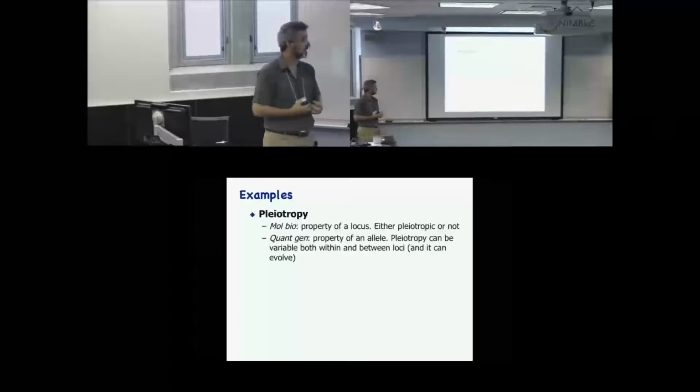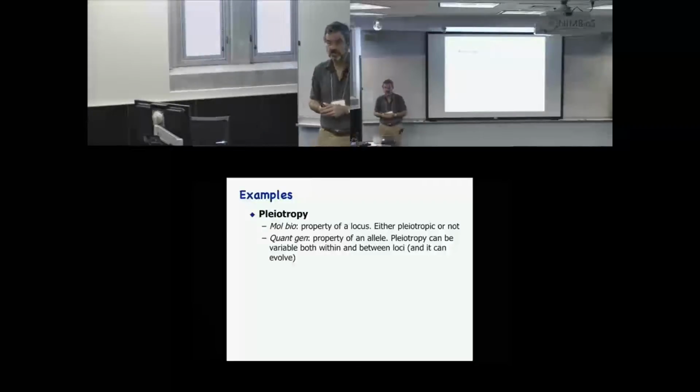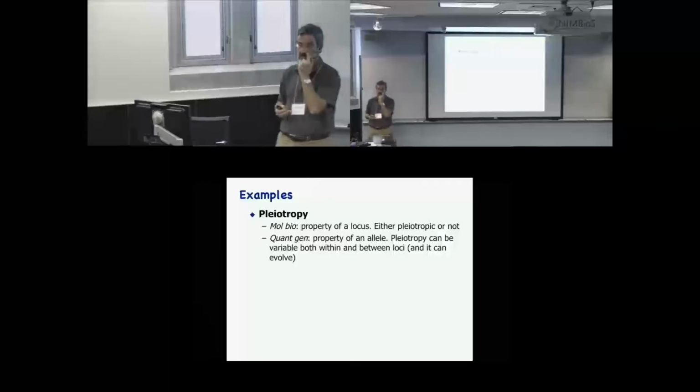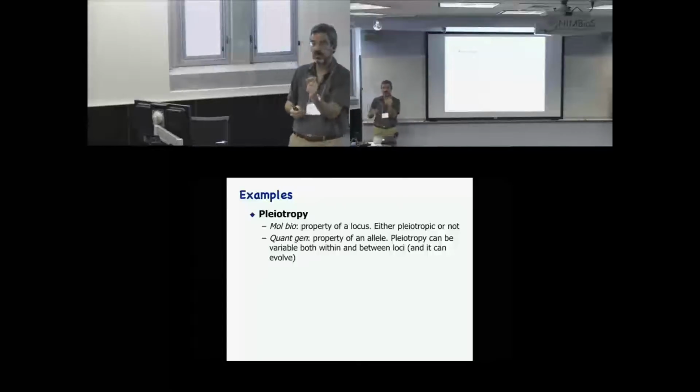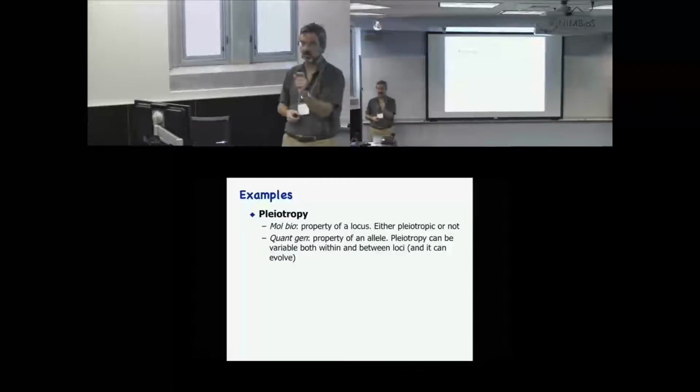So one example, I think the most important example, is actually pleiotropy. In molecular biology, pleiotropy, as you know, means that you have a single gene that influences more than one trait. So in molecular biology, you would tend to measure this by having a mutant effect that affects more than one trait. And so you would say that pleiotropy is a property of a gene or a locus.